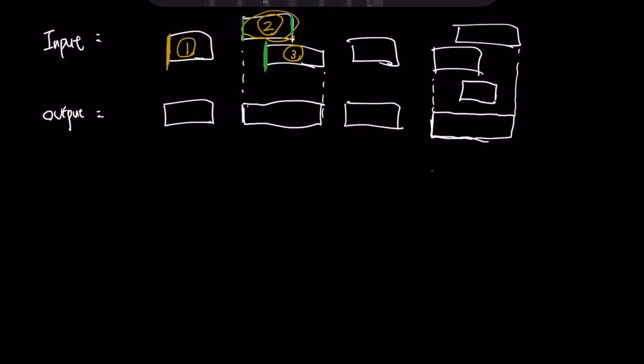So I'm combining, hey, 3's end should be overlapped, and I'm looking at 4, and here 5, and 6, and 7. So you may notice the order of interval I'm looking at is sorted by its starting time.